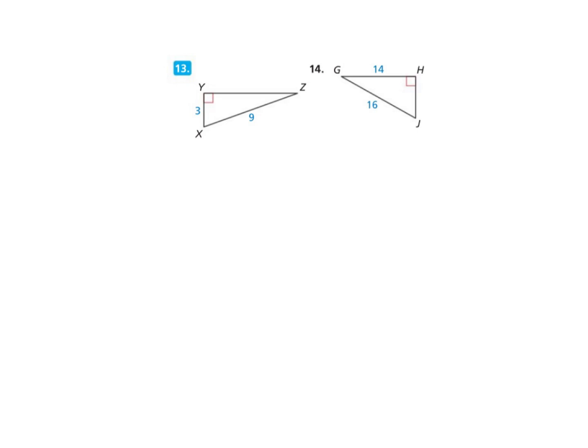Now I'm just going to use the Pythagorean theorem to get b here. A squared plus b squared equals c squared. So b squared equals 81 minus 9, which is 72. Take the square root of that, and you get 8.5. Again, I'm only going to use the ones that are exact, just in case I made a mistake. To get angle Z, I'm going to use the opposite leg, and this is my hypotenuse.